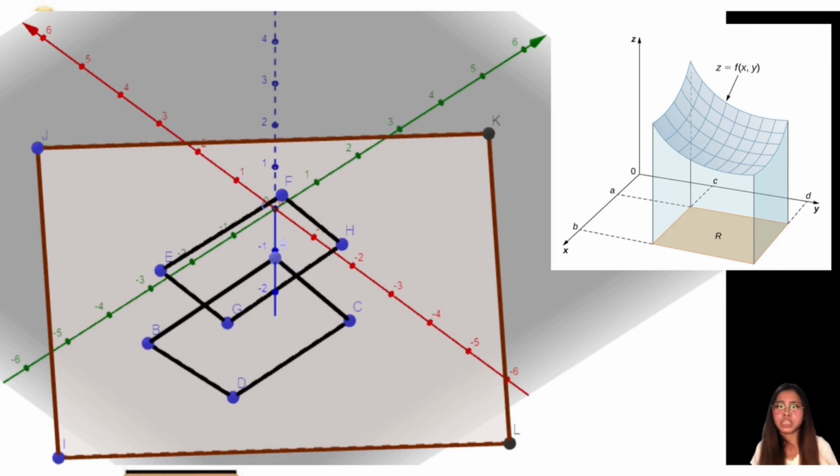You can integrate dx first or dy first. It doesn't matter, but you have to set the x bound with dx and y with dy.